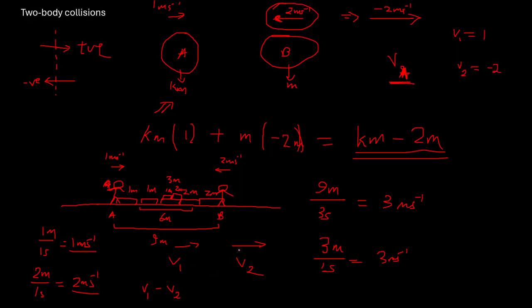Remember, v2 should act in this direction, so v2 is this thing flipped, minus 2, and then you do v1 minus v2, which gives us 1 minus minus 2, which gives us 3 meters per second as the speed of approach. This is really simple.